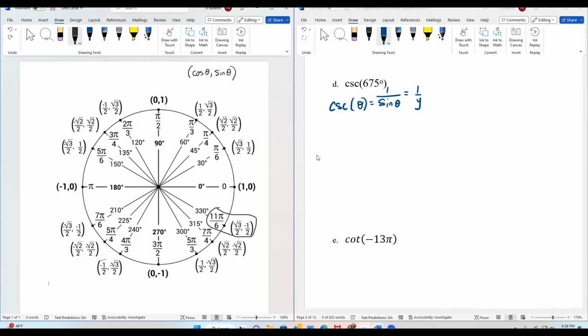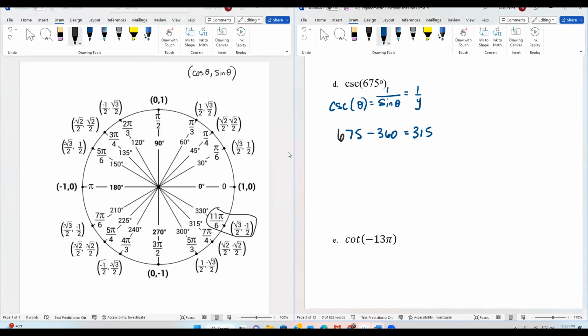Well, I just need to take 675 and subtract 360. Now, of course, if this doesn't get me a number between 0 and 360, I have to subtract another 360. But if I do this, 675 minus 360 is 315. So what does that mean?